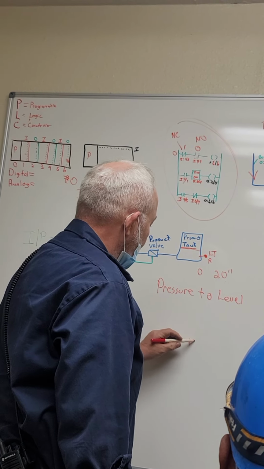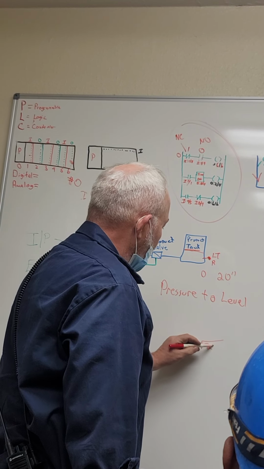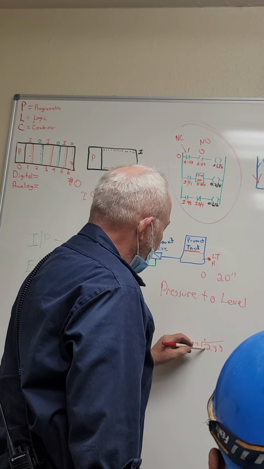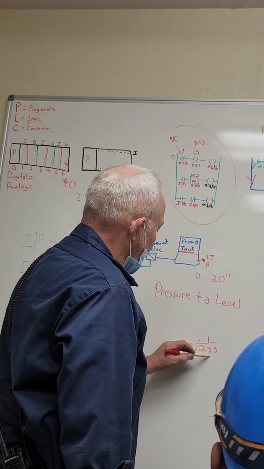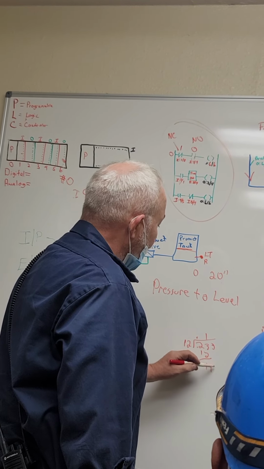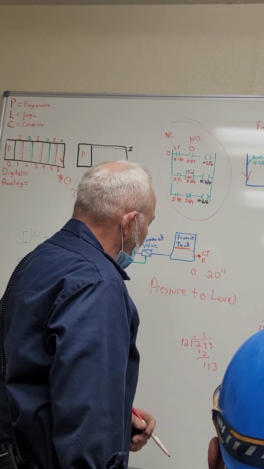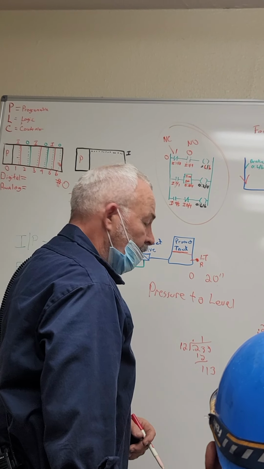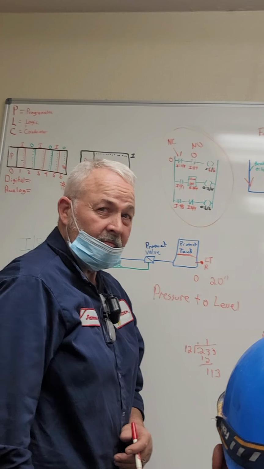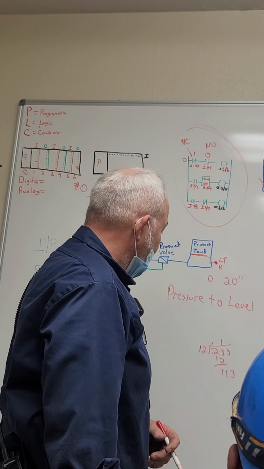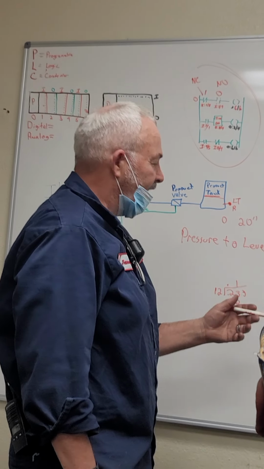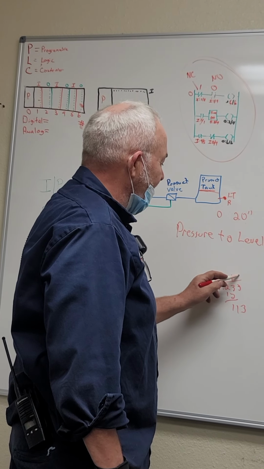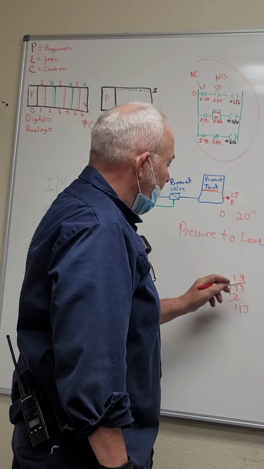12 into 233, and we know it's point. So 12 going into 23, how many times? One time, that leaves 11. Bring down the 3. 12 going into 113, how many times? We're getting close. Just to make it easy, we're going to go with 9.